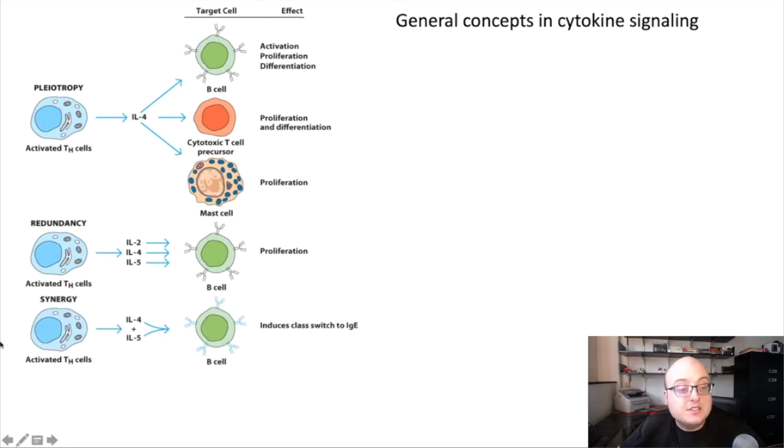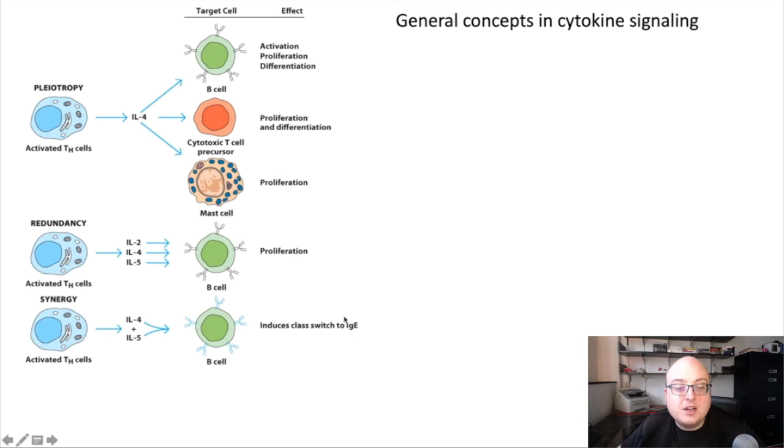Cytokines also induce something we call synergy, and that name should be somewhat self-explanatory. But in this case, these are effects that either require two or more cytokines to be signaling at the same time, or they're at least enhanced by the presence of two or more cytokines. And so an example of this is a process that we'll discuss in a later lecture called class switch recombination of B cells.